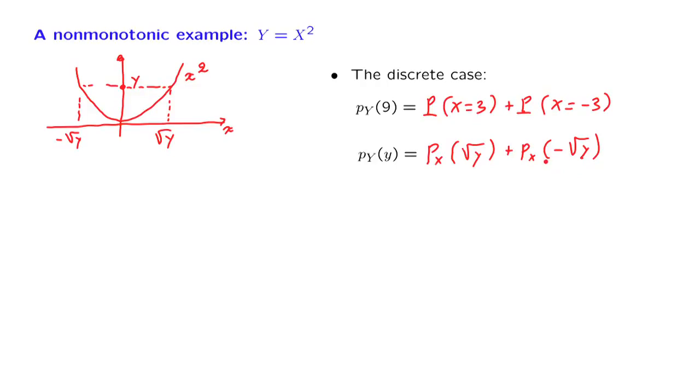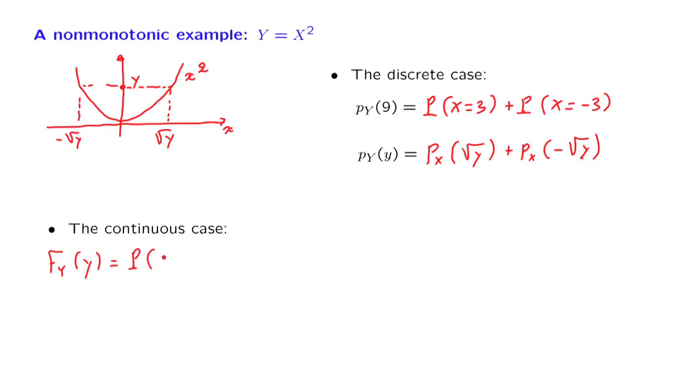So we cannot use the tools that we used before in the monotonic case where we dealt with the inverse function. What we can do instead is to proceed from first principles and calculate the CDF of the random variable y.